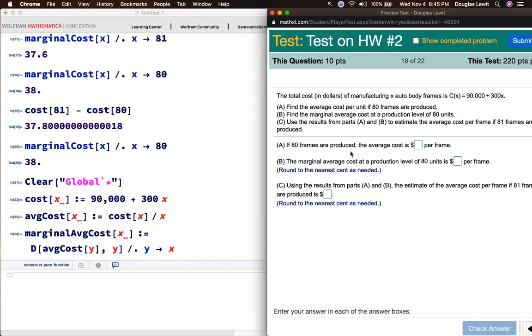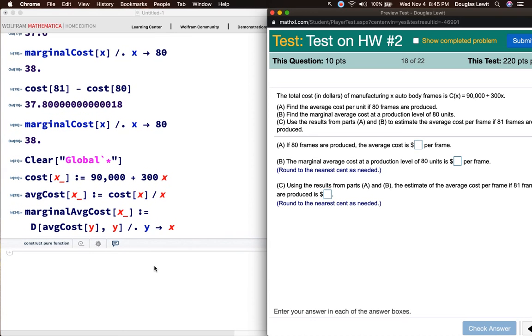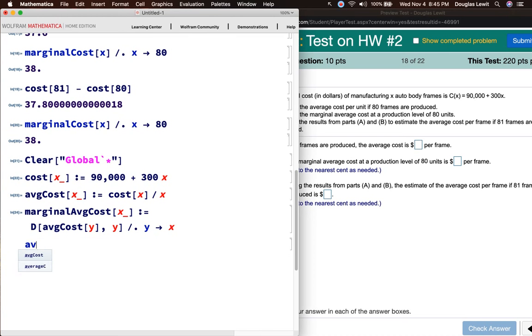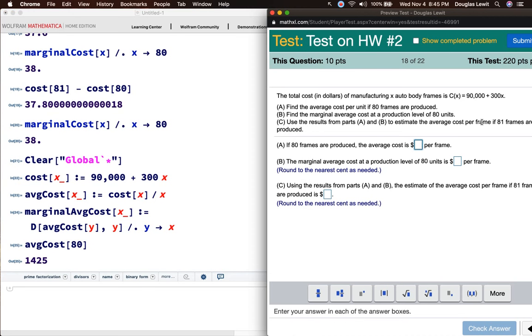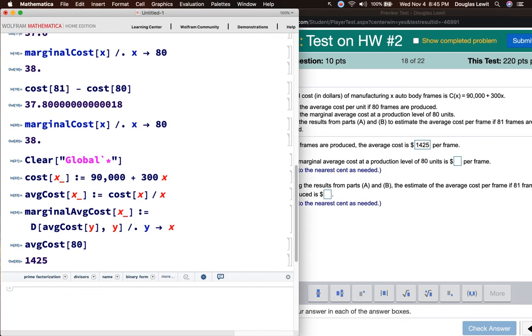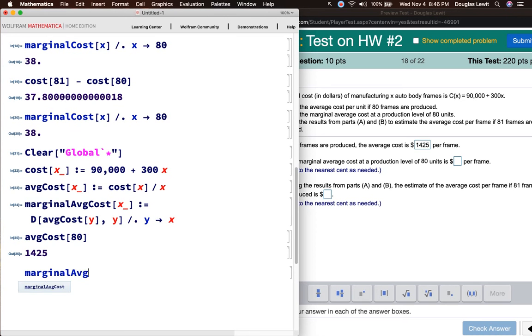If 80 frames are produced, the average cost is average cost of 80, which is $1,425. The marginal average cost at a production level of 80 units is marginal average cost of 80.